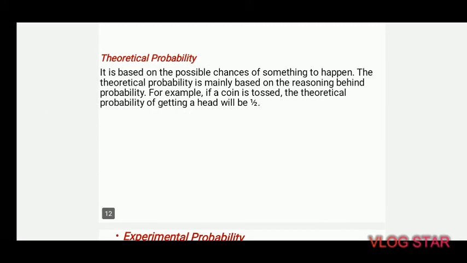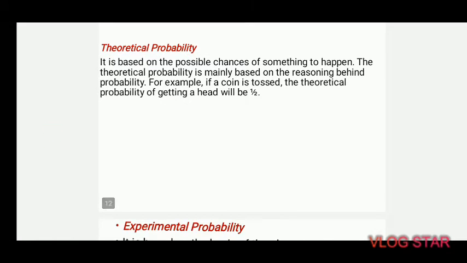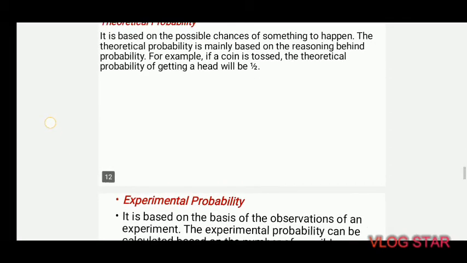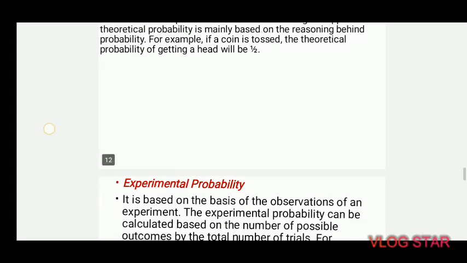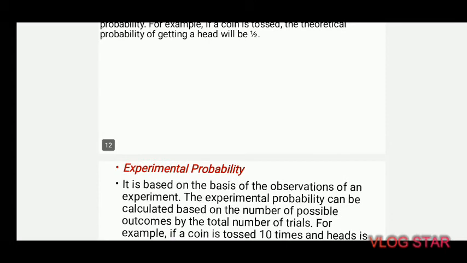Theoretical probability is based on the possible chances of something happening. It is mainly based on the reasoning behind probability. For example, if a coin is tossed, the theoretical probability of getting a head is 1/2. Yes, because the other half is a tail.